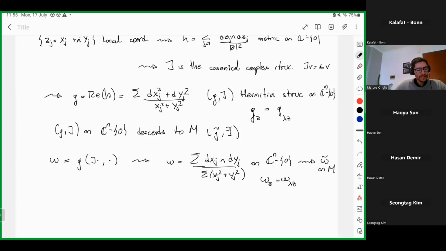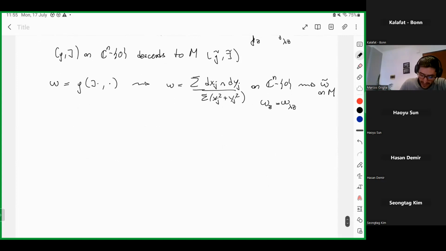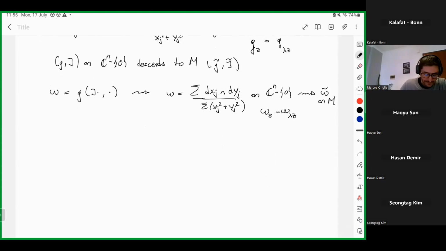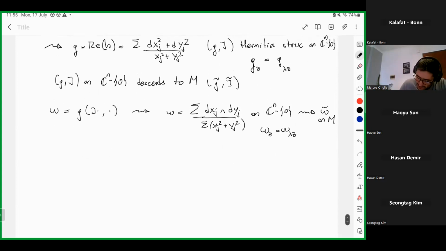So to finish, we need to check just that the condition of locally conformally Kähler is satisfied. We will prove it on C^n minus the origin because everything is the same in the quotient, just with the induced structures.